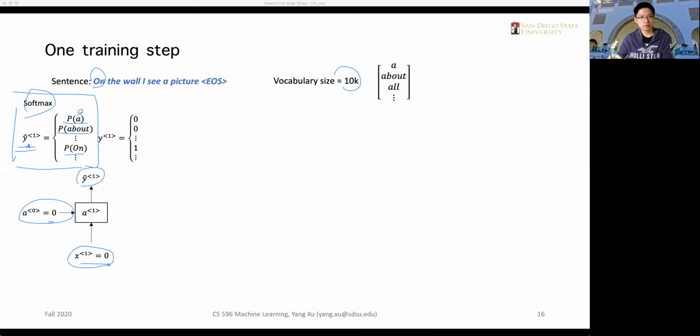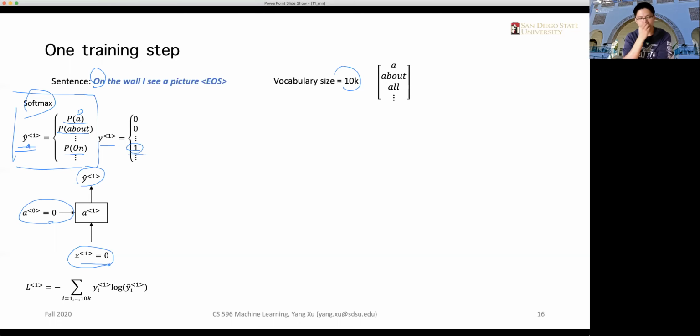Remember 1-hot encoding: the vector y1 also has vocabulary-size elements, and there's only one 1, at the index of the word on. So we need to compare y hat 1 with the ground truth y1 using the loss function of softmax regression.